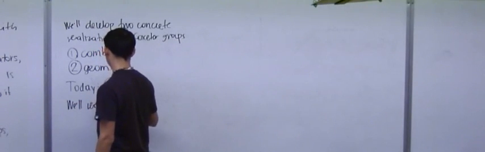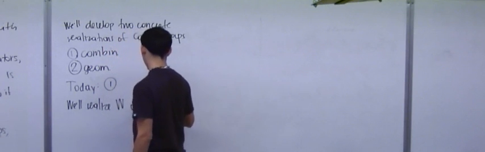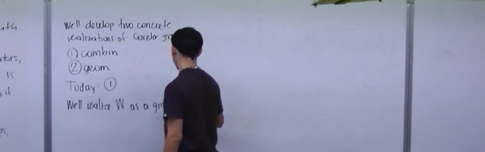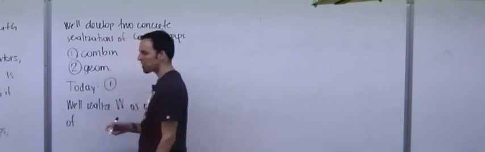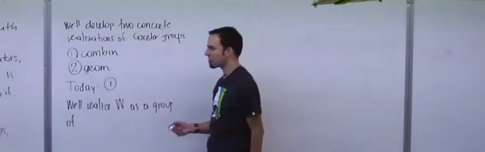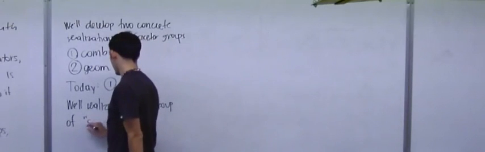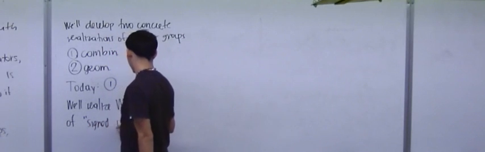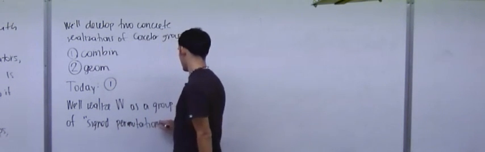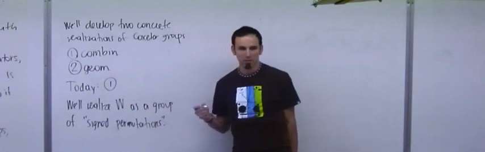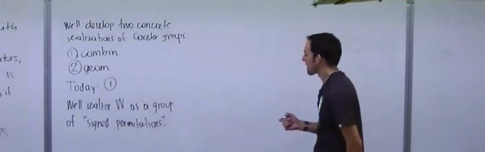We'll realize W as a group of, not of permutations, which is what Cayley's theorem does, but as signed permutations. And this will let us think about this group more concretely.